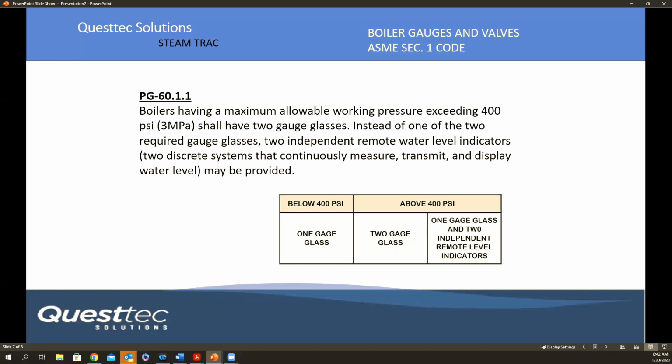Well, there's a solution for that, and we can ease the burden of meeting code for our customers. The way we can do that is by, 1, being knowledgeable on code so that we can step in and tell them what their different options are.